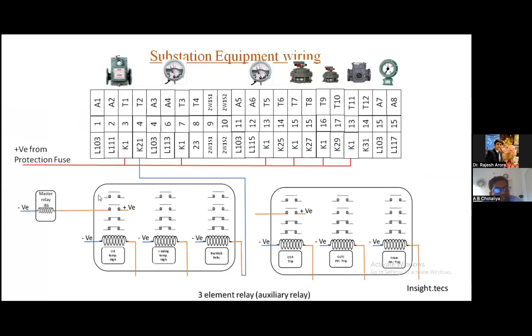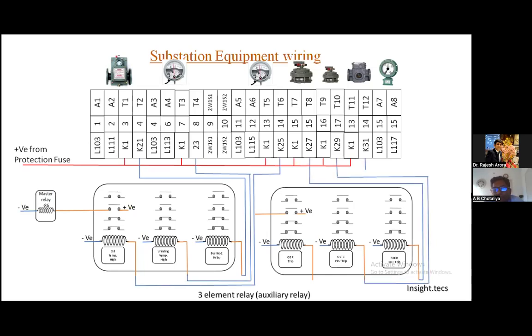And the auxiliary relay will connect to the 86 relay. So this is how the wiring of the auxiliary relays is given to the control panel, and this is how the other relays are connected to the transformer and control panel.